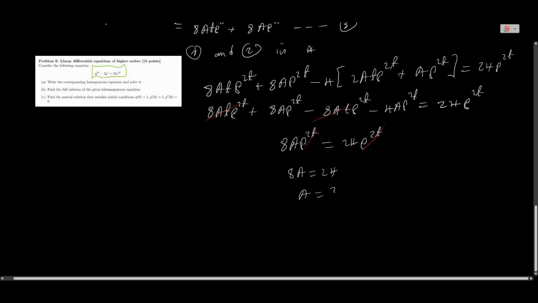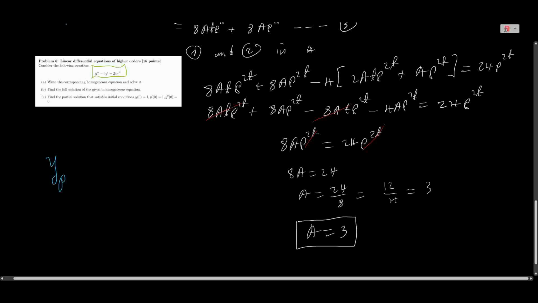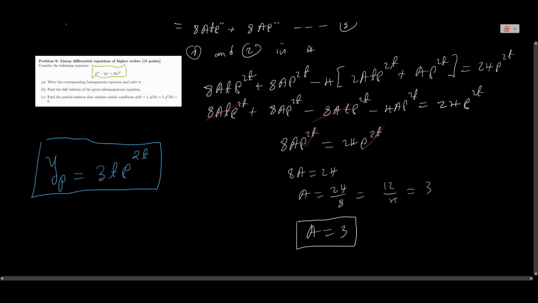A should be equal to 24 divided by 8, which is 3. So our a is 3. Then our particular solution, which is what we have been looking for all this while, is 3t e raised to the power 2t. So this is our particular solution.